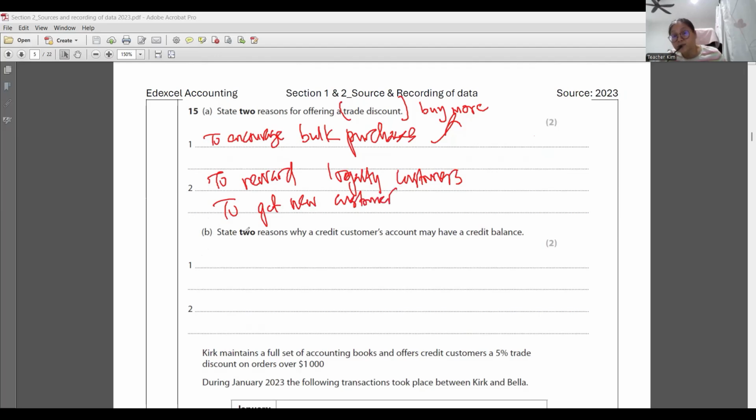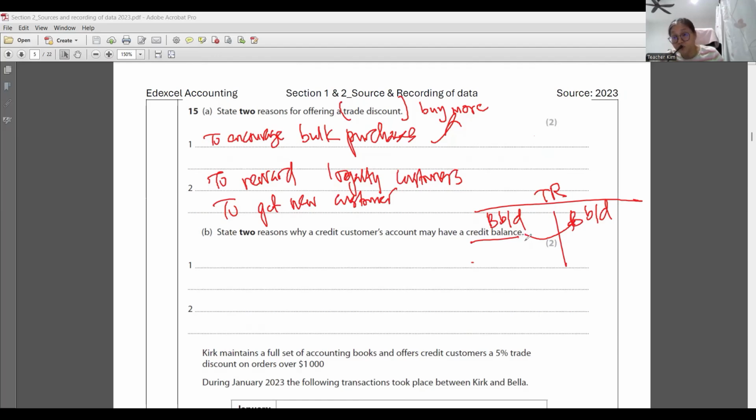Okay. Now, the next reason: why a credit customer account may have a credit balance. So this one, the customer is a trade receivable. Trade receivable by right should be in the debit side balance BD. But sometimes it may have this situation, which is a credit balance. In what situation could it happen? For example, the customer fully pays us.